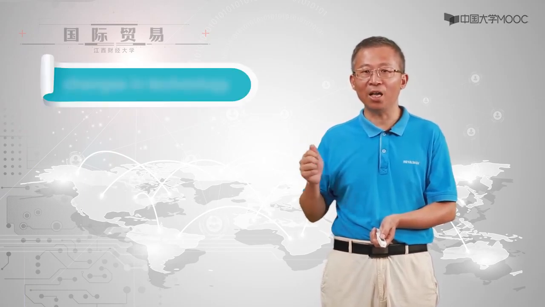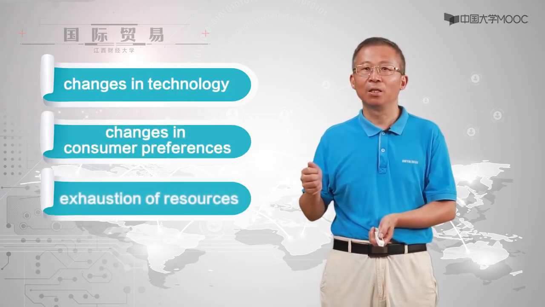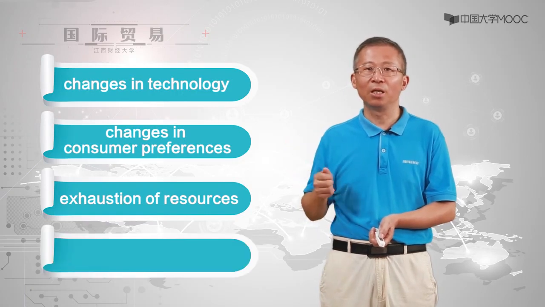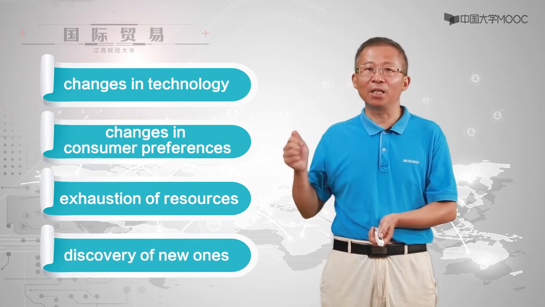For example, changes in technology, changes in consumer preferences, exhaustion of resources, and the discovery of new ones all affect income distribution, not only international trade. Economists put most of the blame on technological change and the resulting premium paid on education as the major cause of increasing income inequality.